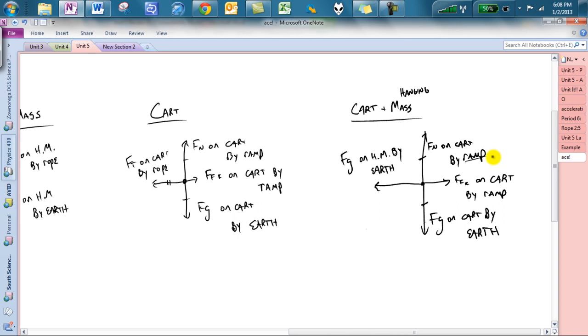It is not pushing the hanging mass. So you'll notice that my system there is not cart and the hanging mass, it's just the cart. Friction is only affecting the cart. It is not affecting the hanging mass directly. So we have that in this situation. And this FG going down is just on the cart. Keep that in mind. It is not pulling the hanging mass down because the rope is, again, redirecting that.